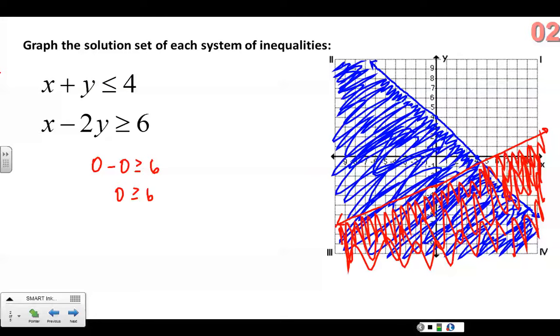So the question is, where do the graphs overlap? I will trace it out in black. This is where the red and blue intersect.